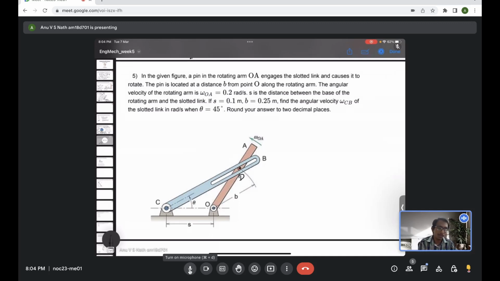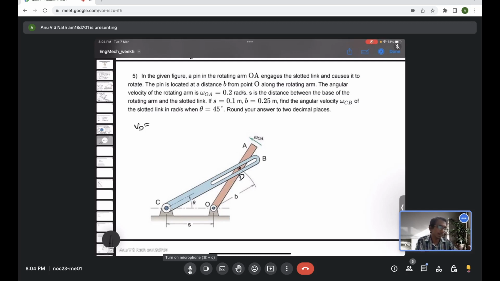So we have to find the velocity of the point D first. D is a point in the link OA. For the velocity of D, we just need to evaluate the magnitude first. According to point D in the link OA, it's just rotating, right? Because it's a rigid rod, OA is just rotating.